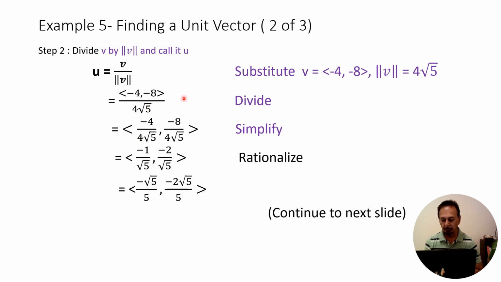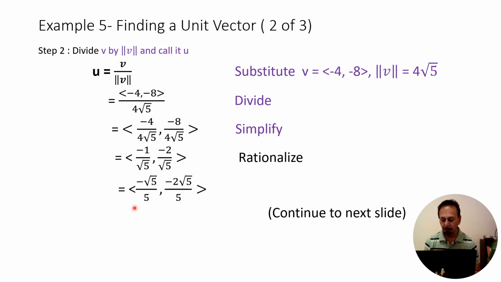Now we can divide individually. We write equal to angle bracket negative 4 over 4 times square root of 5 comma negative 8 over 4 times square root of 5. Now 4 and 4 cancel, so you get angle bracket negative 1 over square root of 5 comma. Similarly 4 dividing into 8 is negative 2. So negative 2 over square root of 5 angle bracket.